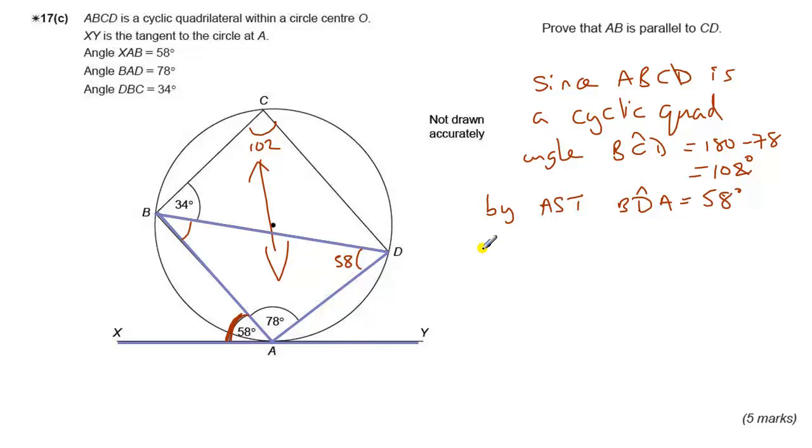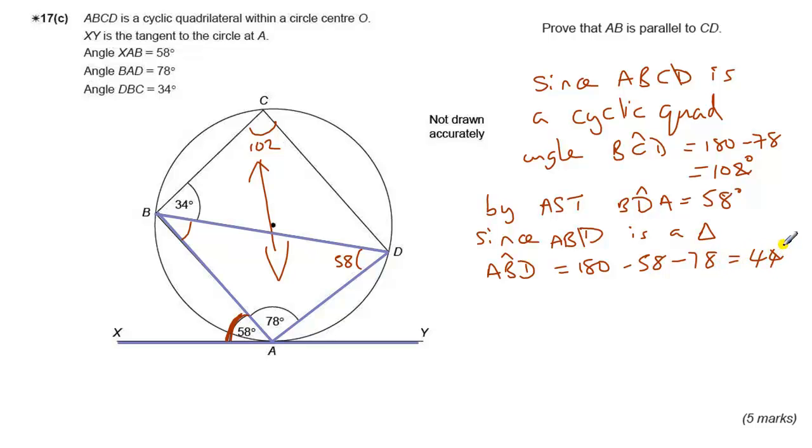So we have, since ABD is a triangle, angle ABD is equal to 180 minus 58 minus 78, and that works out to be 44 degrees. Okay, so that's 44 degrees.